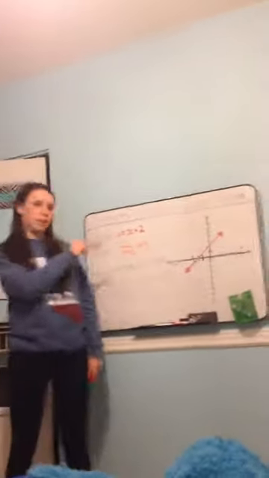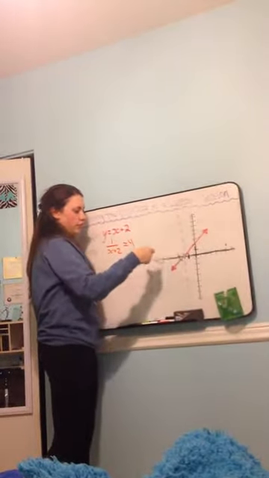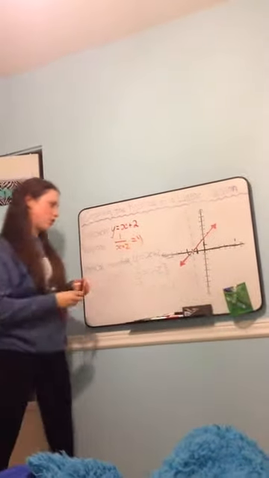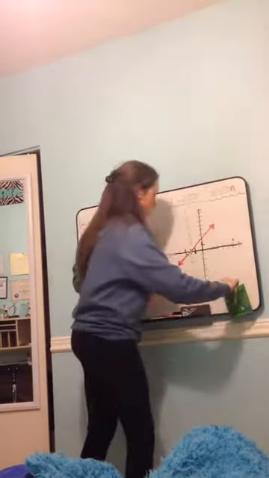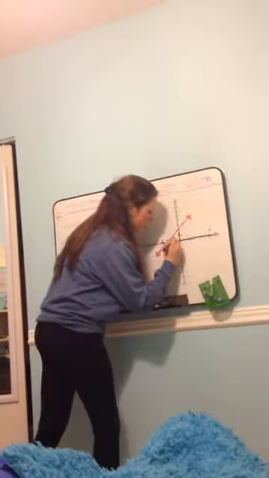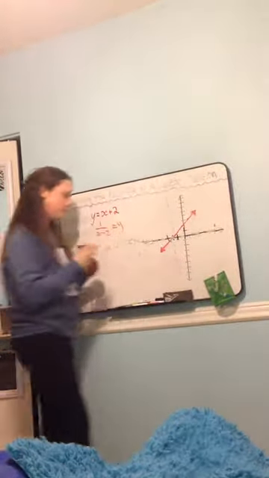So the horizontal asymptote is going to be 0. So that's along here. So these are the restrictions that we are creating, like this way and this way.